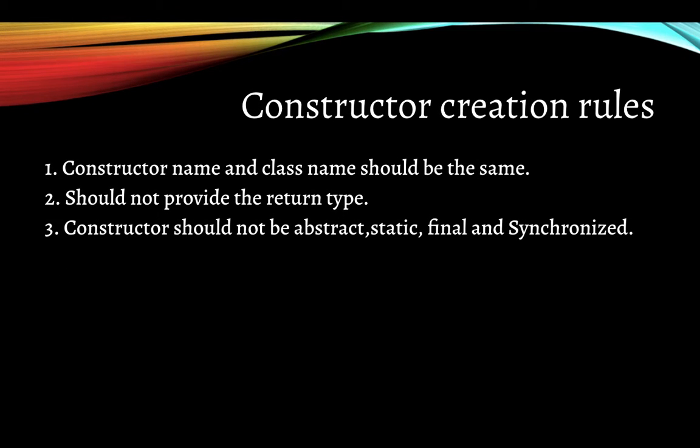So we have the constructor creation rules. Basically there are three rules. The constructor name and the class name should be the same. The second rule is that we should not provide a return type to the constructor. Third, a constructor should not be abstract, static, final or synchronized.